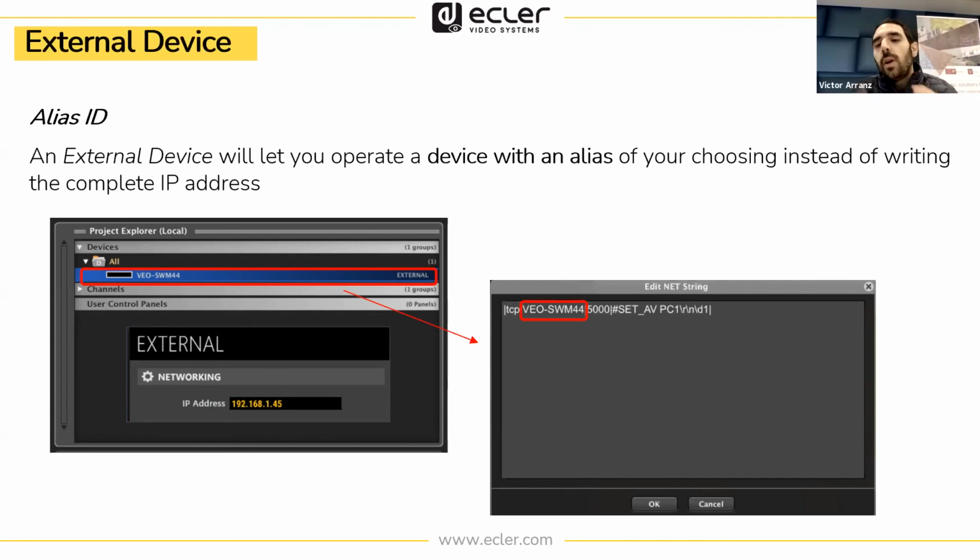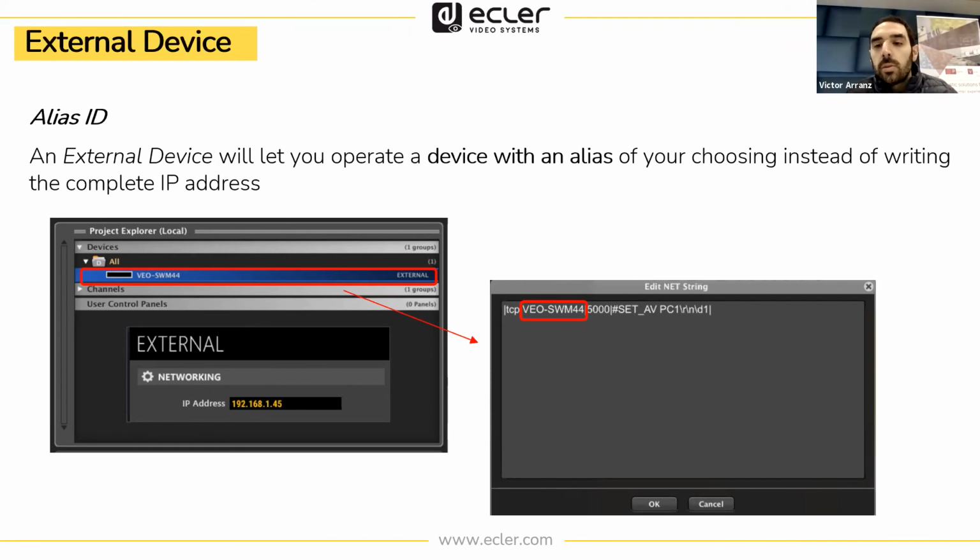So instead of writing the complete address on the window, we can type the alias, and EclerNet Manager will automatically translate it. This may not seem very critical when we are working with few devices, but when the list increases, it will be very useful to quickly identify which devices are being affected when executing a command.